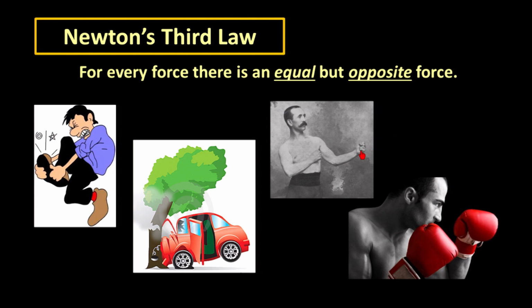So when you bare knuckle hit something, it breaks your knuckles because of the equal but opposite force. So you cannot expect to have people hit each other without breaking their hands or their knuckles. Obviously the gloves prevent that from happening.